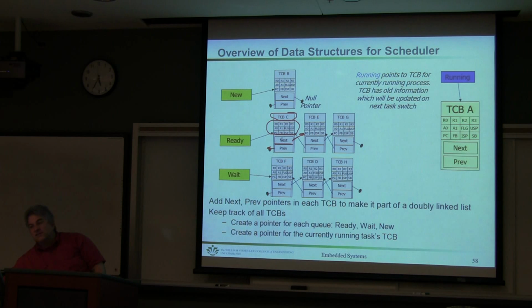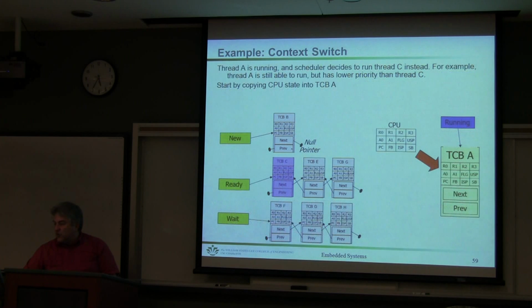Since it's a doubly linked list, it's easy to pull one of these thread control blocks out and move it over here into the running state, and then you can just join this one back up with that one. And in fact, one of the examples that I show here is just that.